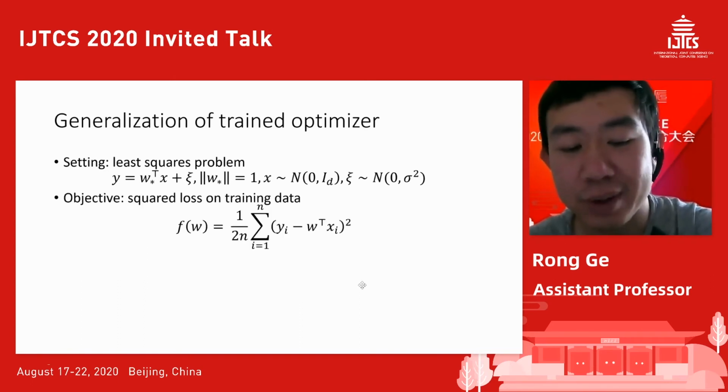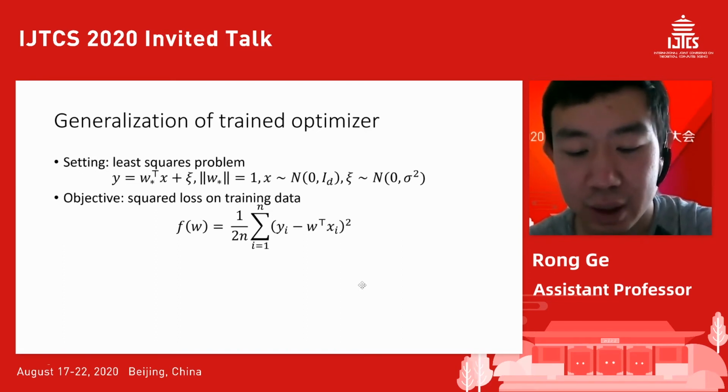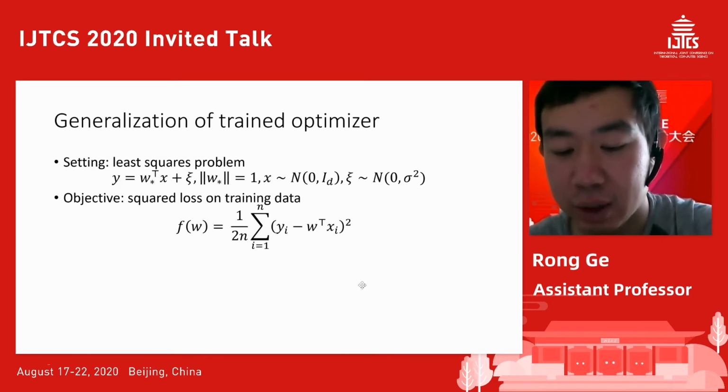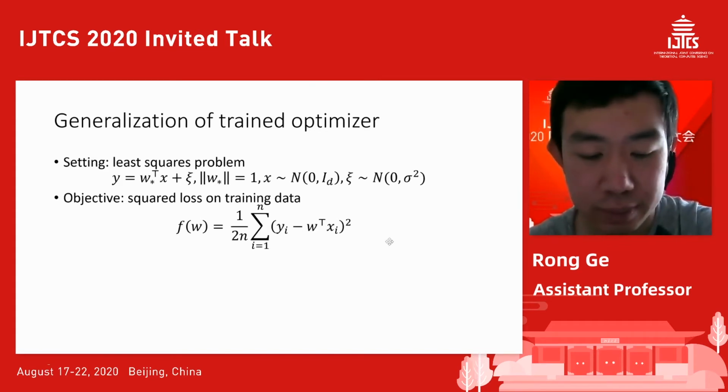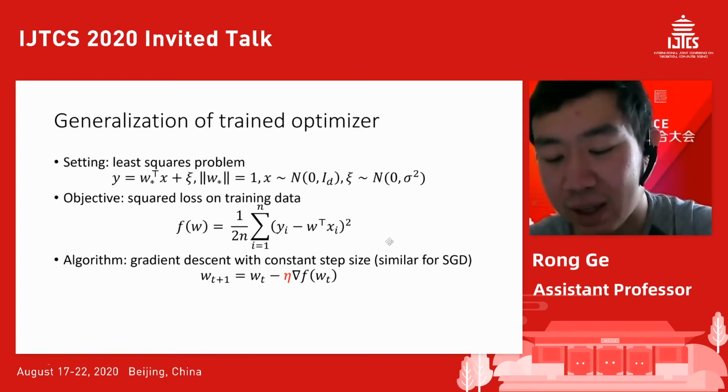The objective we use is the typical objective that you would use for a least squares problem, which is the squared loss, right? So f of w is just the squared loss as the average over all n training data points. The algorithm we use is also very simple. It's going to be gradient descent, again with constant step size.